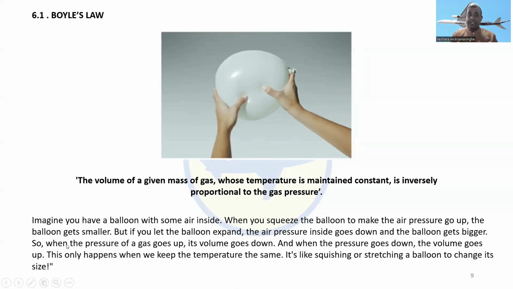So when the volume is lower, the pressure is up, and if the volume is bigger, the pressure is low. When the pressure goes down, the volume goes up. This only happens when we keep the temperature the same. It's like squeezing or stretching a balloon to change its size.